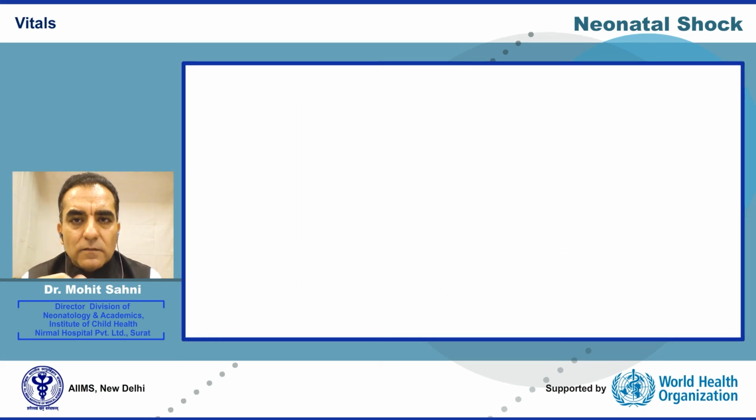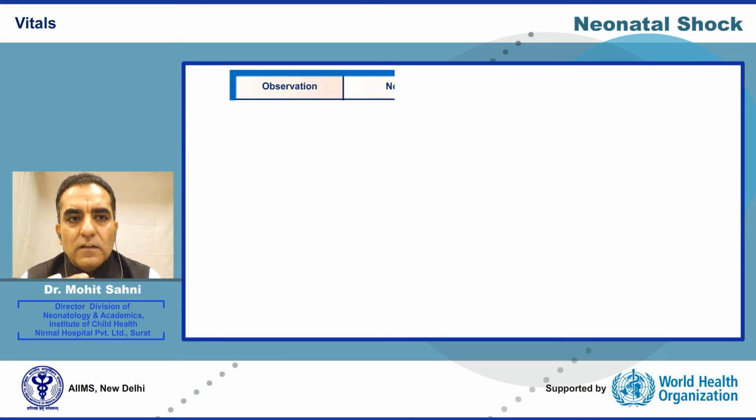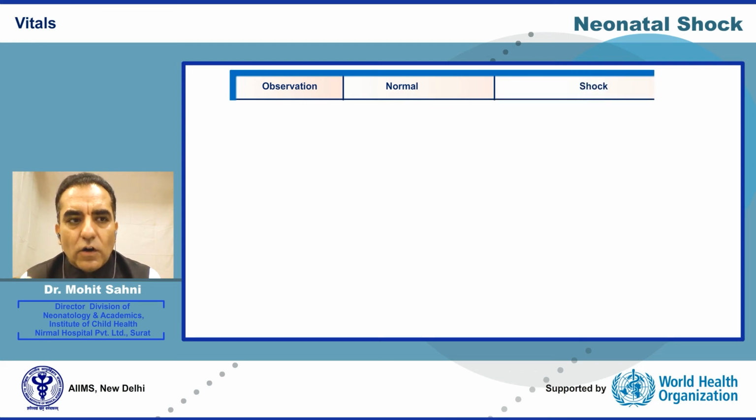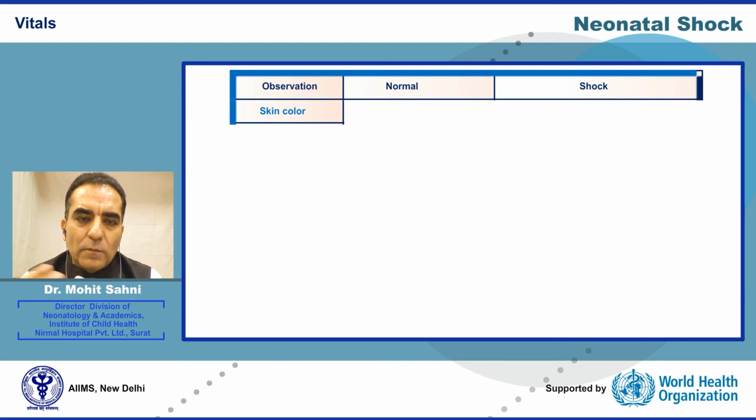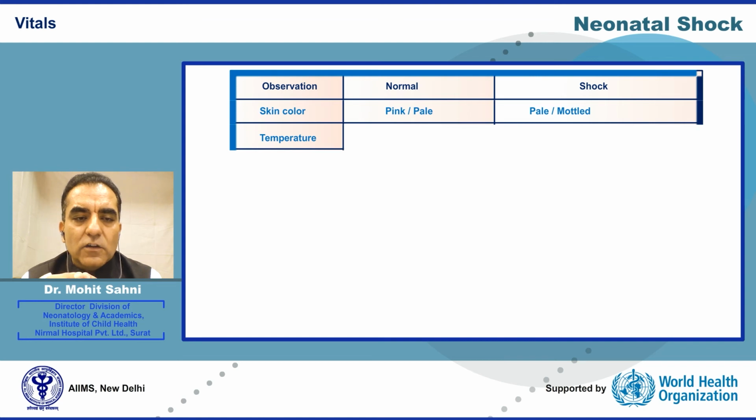In this table, you will see a few clinical observation pointers, and how they look in a normal infant and in an infant presenting with shock. Skin color: normally the babies are pink, but in shock the babies may be pale or mottled. The normal core temperature in a normal baby is 36.5 to 37.5 degrees Celsius.